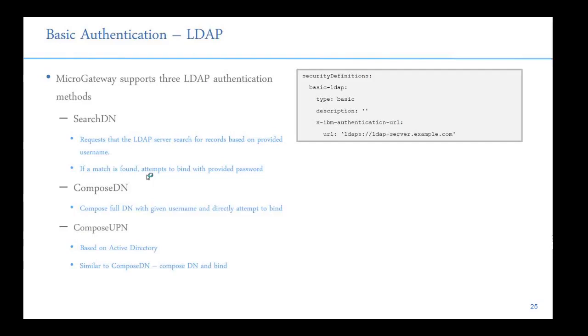But basically, you attempt to bind to a UPN with the provided credentials, and then if that bind is successful, there's a further step of checking group membership to make sure that the credentials are valid for a particular naming context, as it's referred to in Active Directory and LDAP.